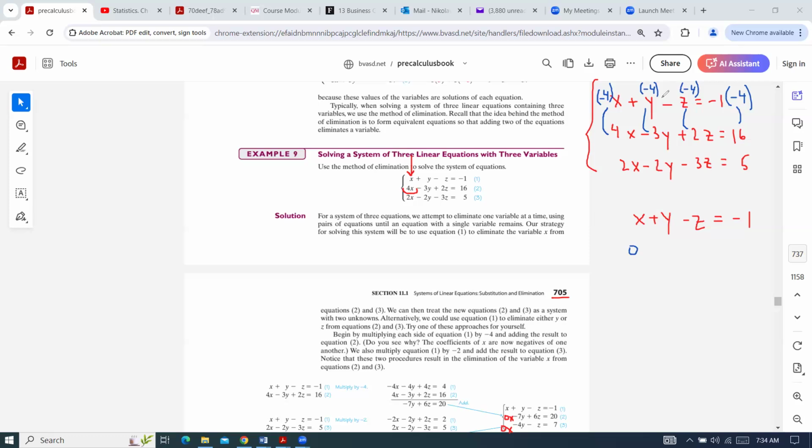Now I need to see what happens with y. Well, minus 4 and minus 3 will be negative 7 times y, and please notice that's exactly what they have here. The next part will be negative and negative. Negative 4 and negative z will be positive 4z. So 4 and 2 will be 6 with a plus sign, 6 times z. And that's exactly what they have here as well.